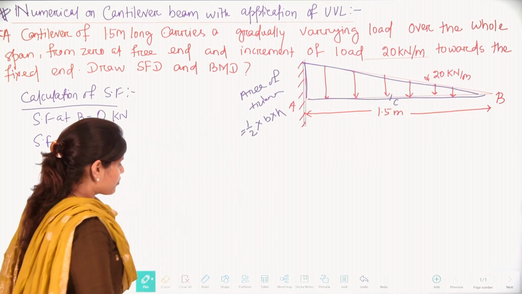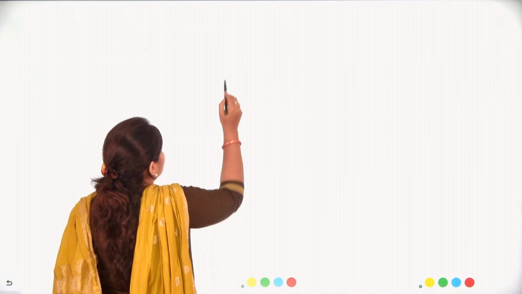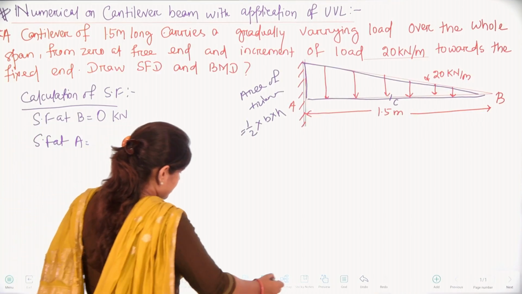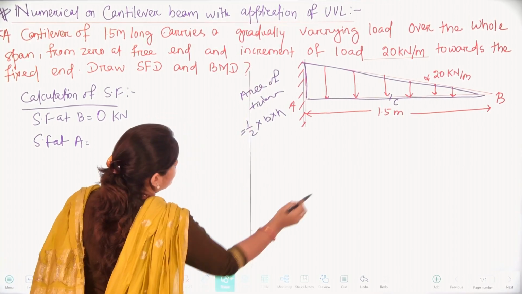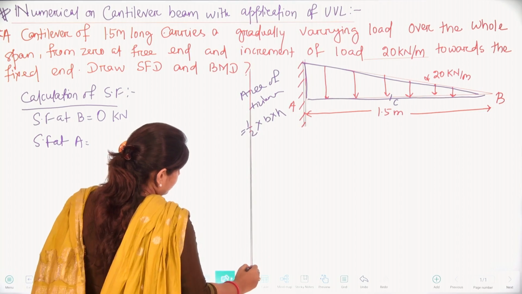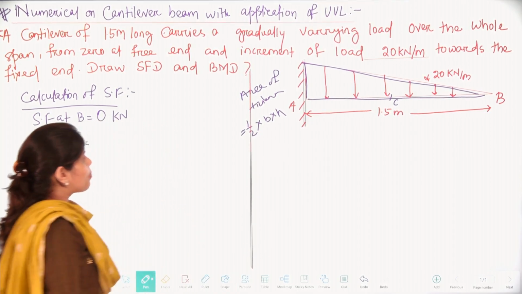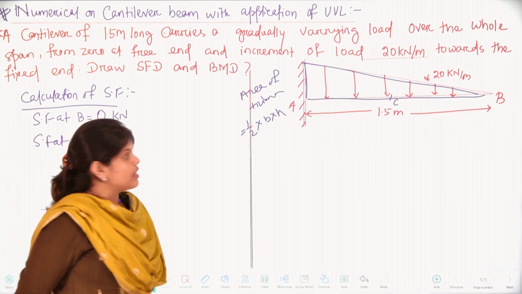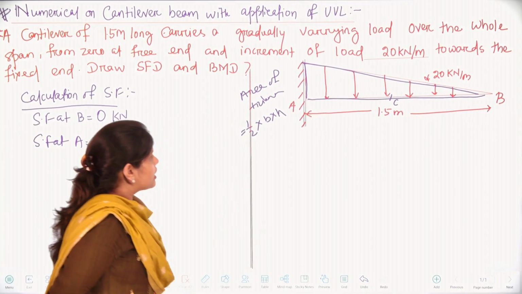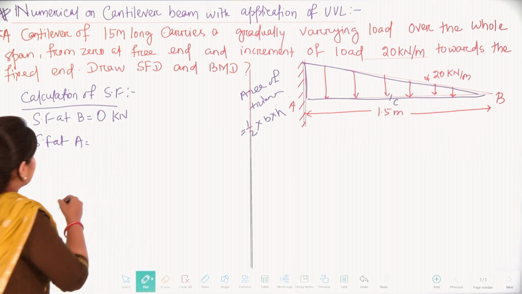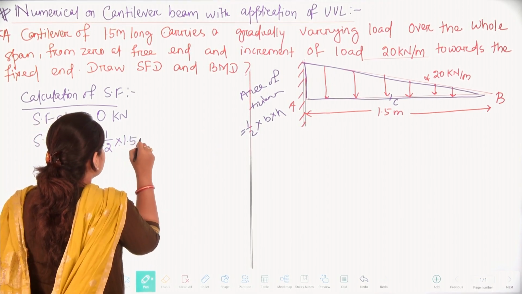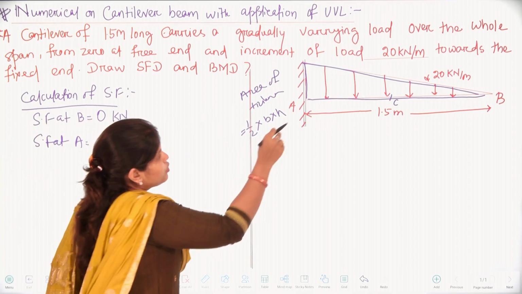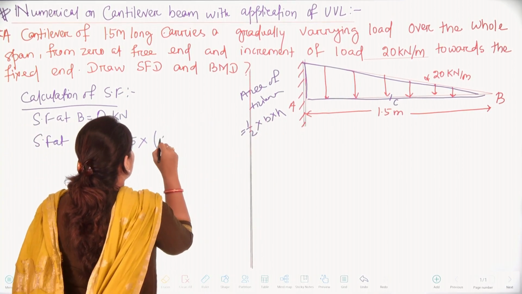So let's do the partition. We will draw the shear force and bending moment there, and we will solve here. So we have the force as half into B into H. Now the shear force at A will be half into B, which is 1.5 meter, and the height will be 20 multiplied with 1.5.